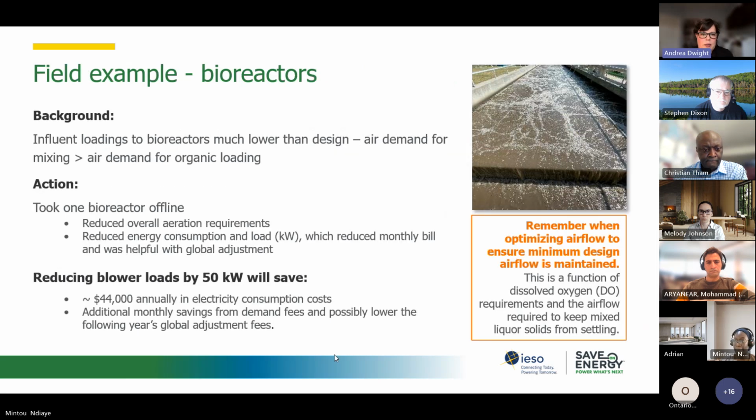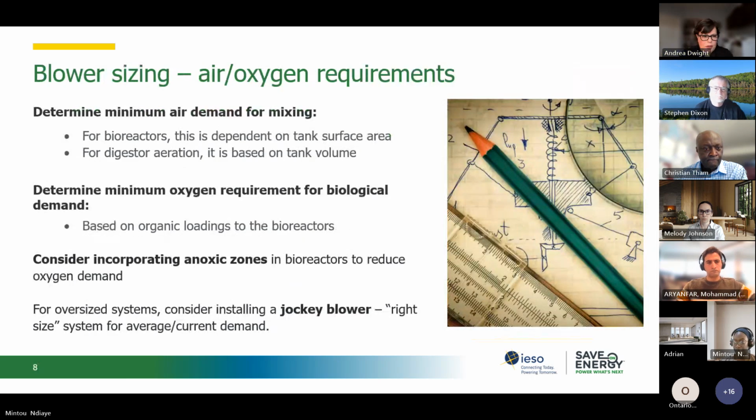So organic loadings to the bioreactors. And just a couple other points. Keep in mind, and we'll speak to this from a design perspective, if you're overhauling your system, you may want to take a look at installing an anoxic zone.